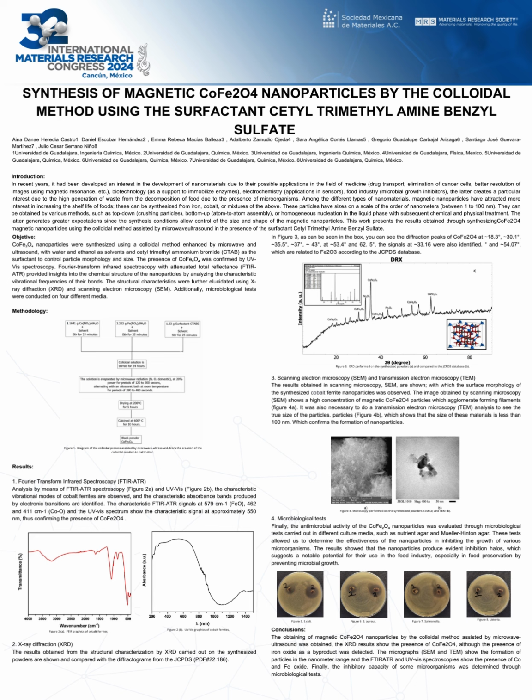Then we have the results. The FTIR spectra show characteristic vibrational modes of cobalt ferrites with distinctive signals at 579 and 462. The UV spectrum shows a characteristic signal around 550 nanometers, confirming the presence of cobalt ferrite.